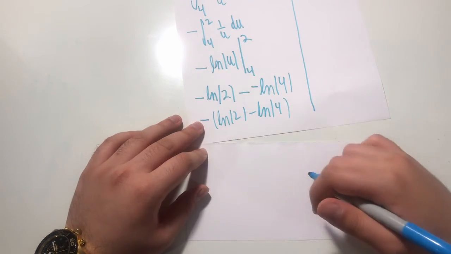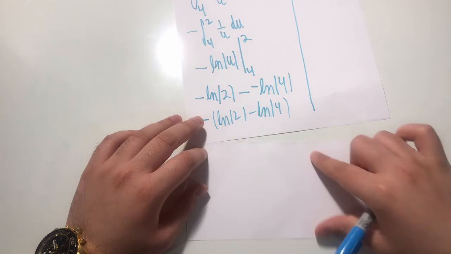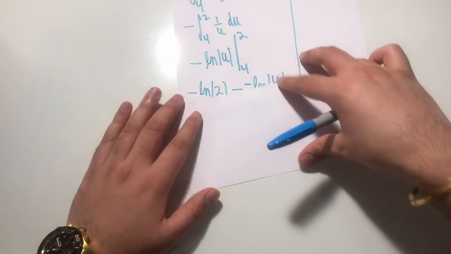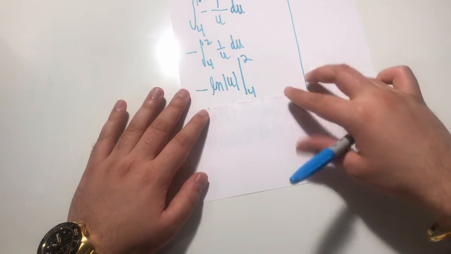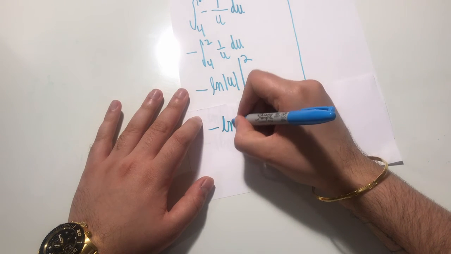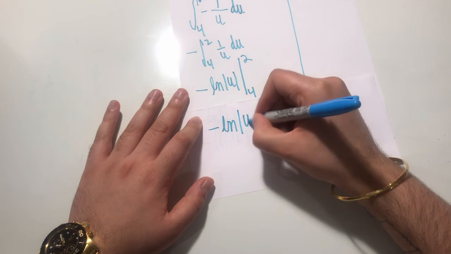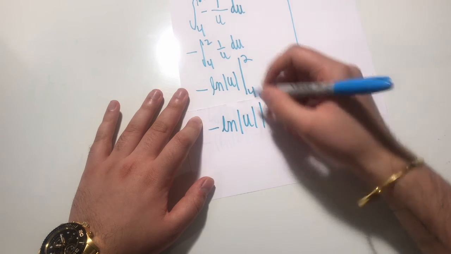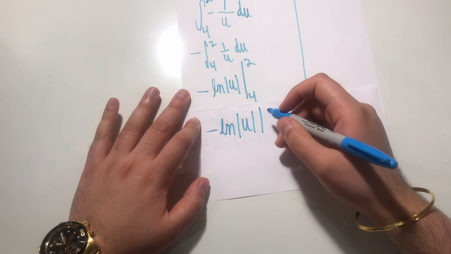So imagine I got to this step. My actual bounds of integration, rather than being 4 and 2, would be negative natural log of u, with the original 1 to 3.